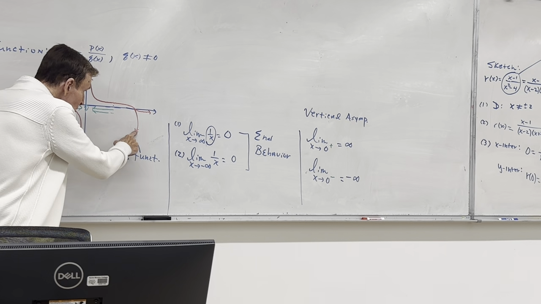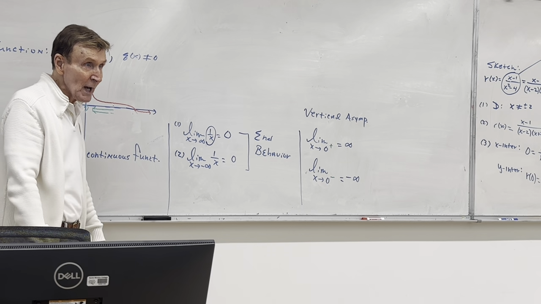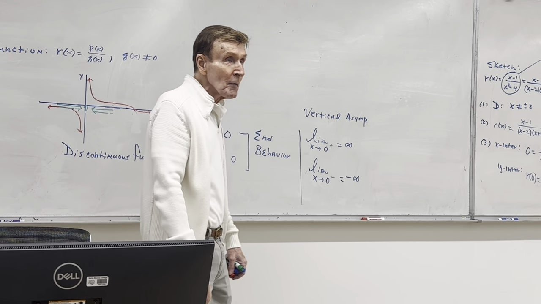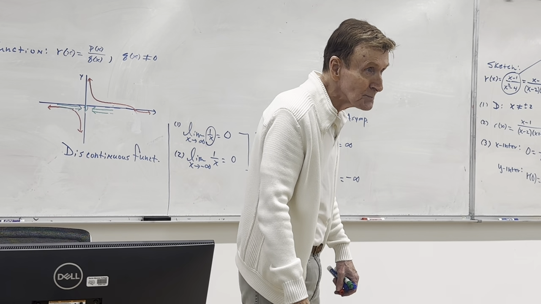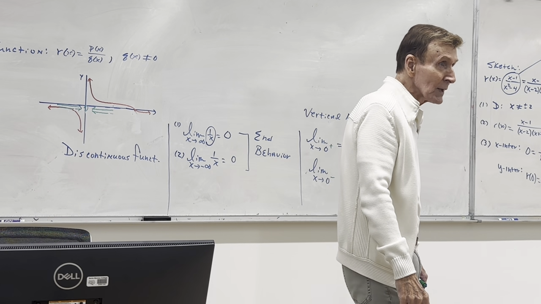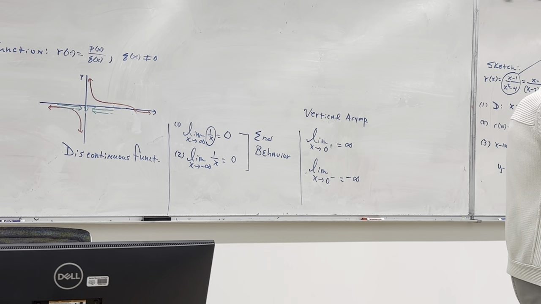I mean it stays close to it, hovers around the x-axis. And that may be possible. We're not going to do one like that today. But she's already told me it's possible. It may happen.